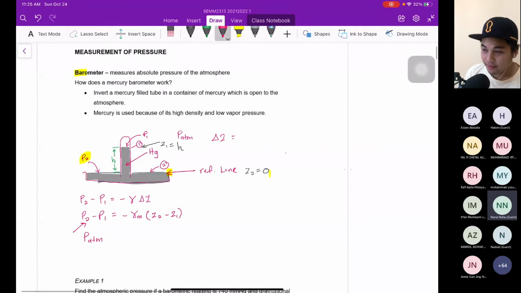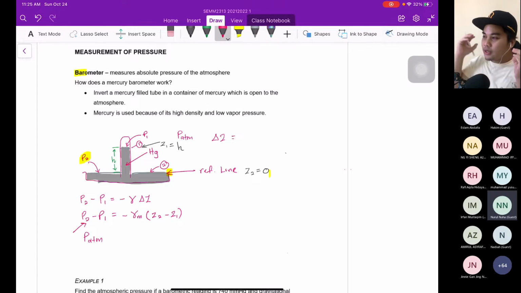Okay, correct. Let me explain. Why does a barometer use mercury? Because mercury hardly evaporates. If we compare with water, when we give heat, it will evaporate easily. However, for mercury, due to the very strong bonding strength, it will not evaporate.